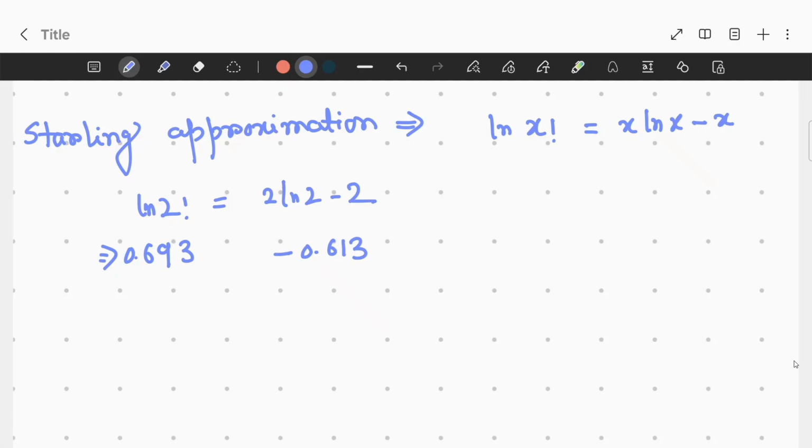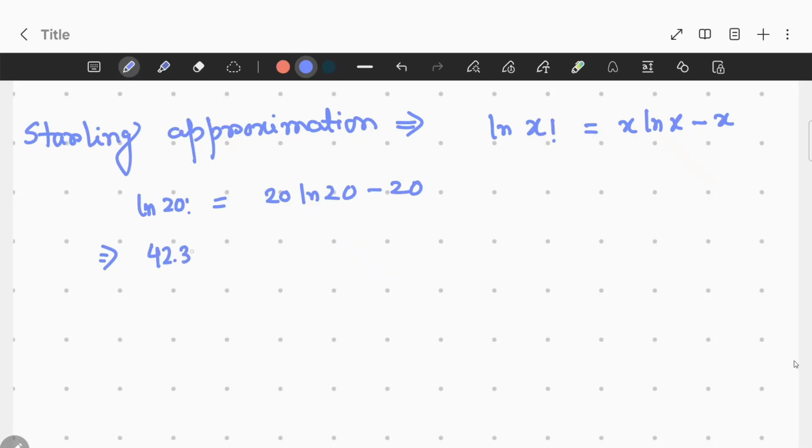But let's say it's 20 factorial, then you can write it as 20 ln 20 minus 20. So what does it mean? 20 factorial is a huge number. Using the calculator, ln of 20 factorial is 42.33.